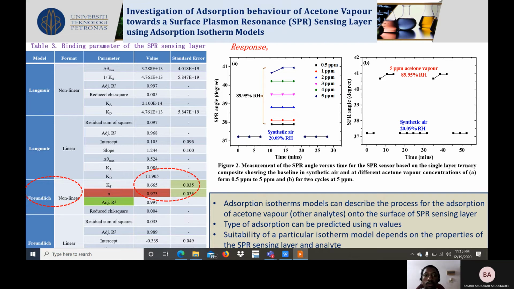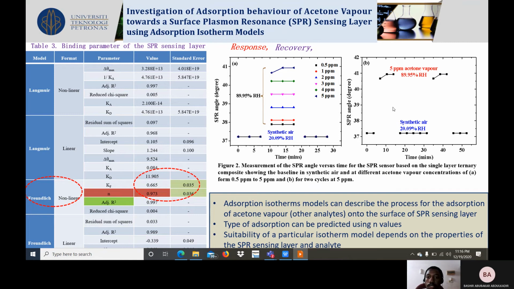Also, in the case of this SPR sensor layer, we tried to investigate whether the sensor layer is reversible and repeatable. From this figure 2, we can see that as soon as we cease the supply of this analyte, acetone vapour in this case, the response of the sensor changes back to the initial state.